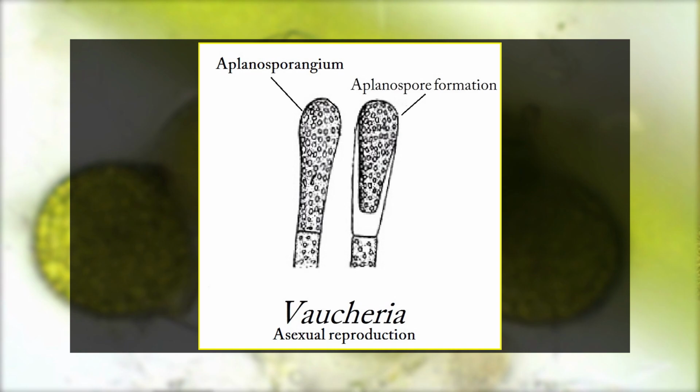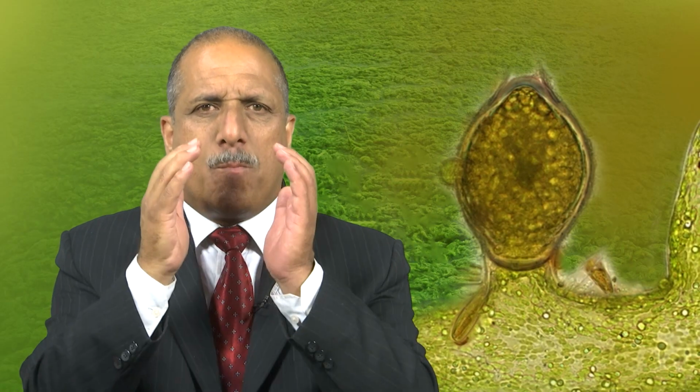Like zoospores, aplanospores are formed singly within an aplanosporangium. The aplanosporangium develops as a club-shaped structure at the tip of a young vegetative branch. A transverse septum cuts off the terminal sporangium from the rest of the filament. The protoplast of the sporangium metamorphoses into a single multinucleated aplanospore.